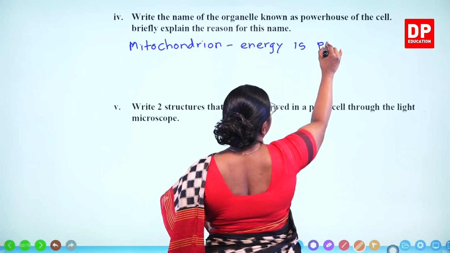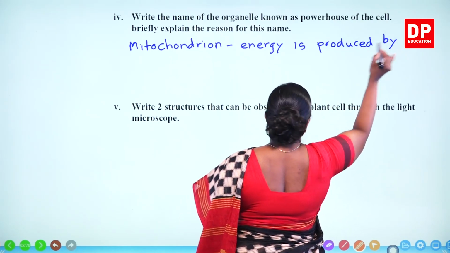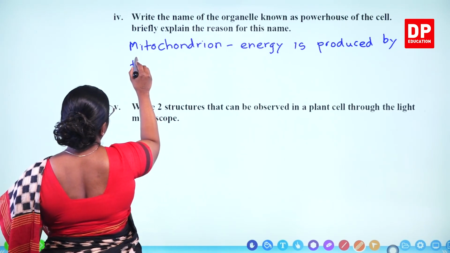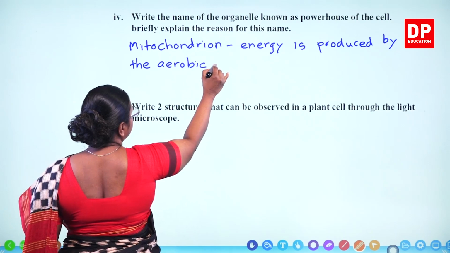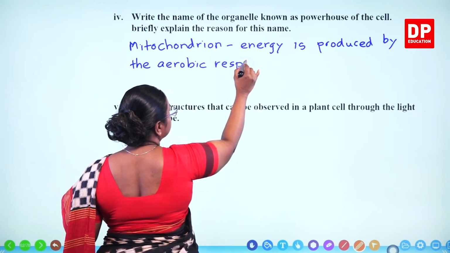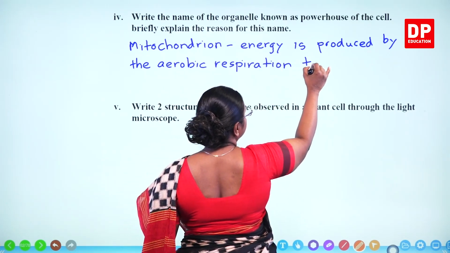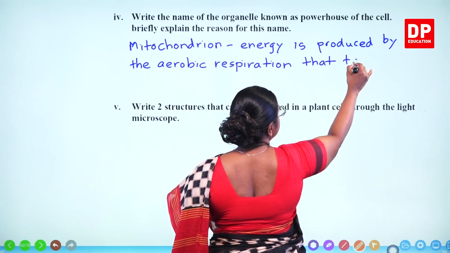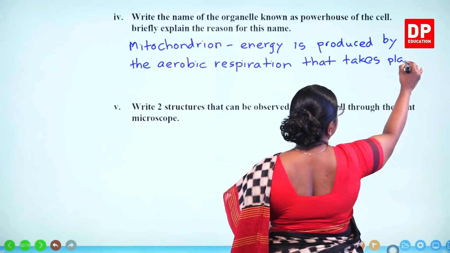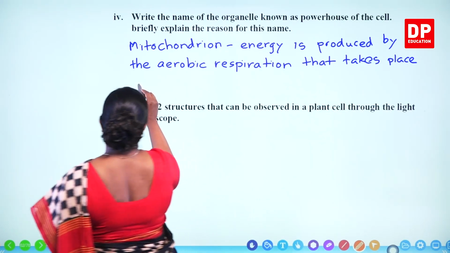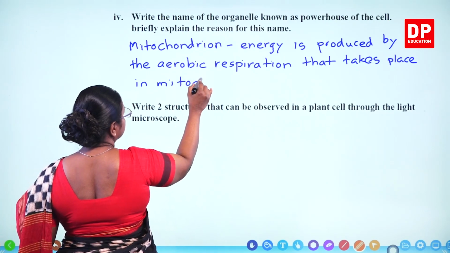is produced by the aerobic respiration that takes place in mitochondria.